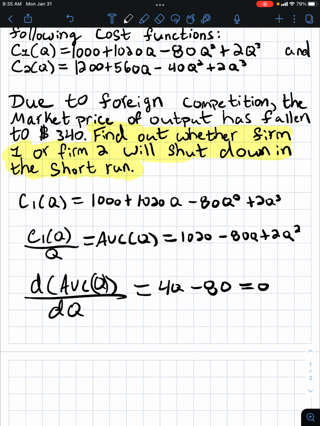So we solve for Q. We get 4Q is equal to 80. And then we find out that Q is equal to 20.